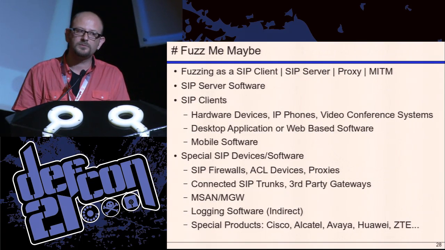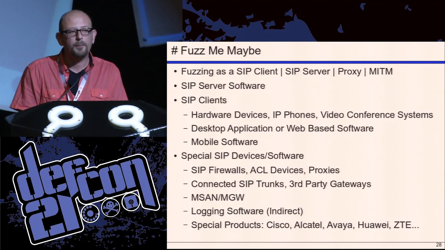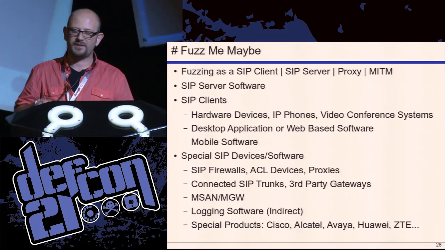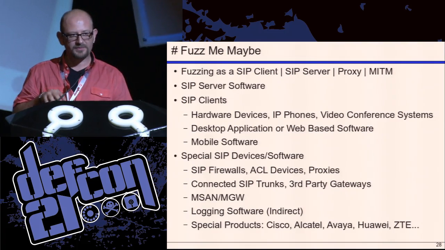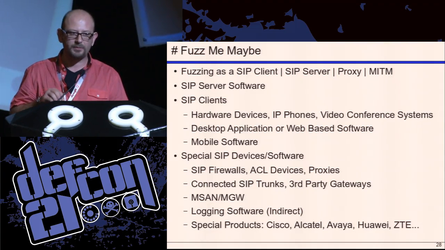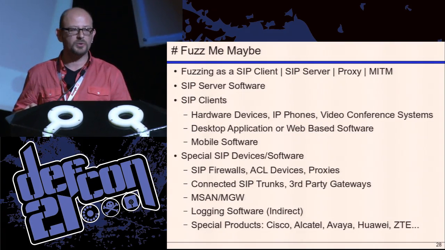Also, we have fuzzing. Anybody loves fuzz, but fuzzing is completely different in the SIP protocol. You have many fuzzers, but these fuzzers are old. And it's really important because vendors use these old tools to evolve their products.